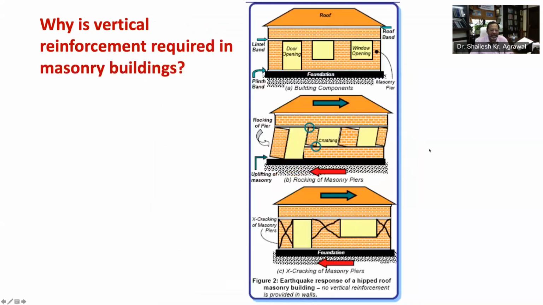Now let's consider a hip roof building as shown in this figure with two window openings and one door opening. As you can see, it has a lintel band and plinth band as well. Since the roof is hipped, a roof band is also provided.